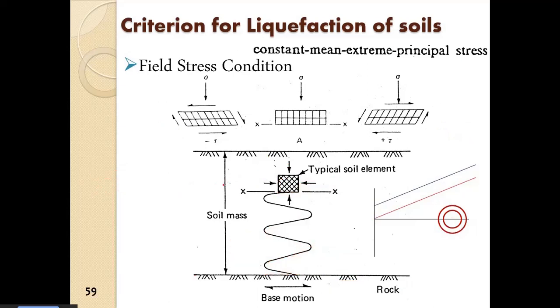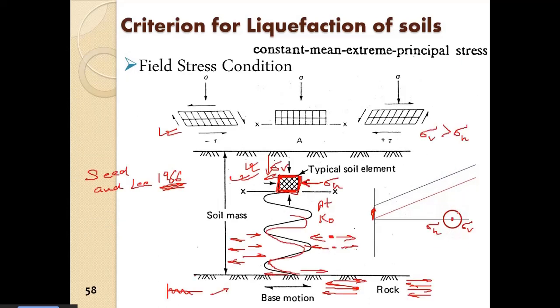So the mean will remain constant and there will be an increase in the diameter of the Mohr circle, and again it will increase. This is the maximum state, and then it starts to decrease. So this is basically a cycle.